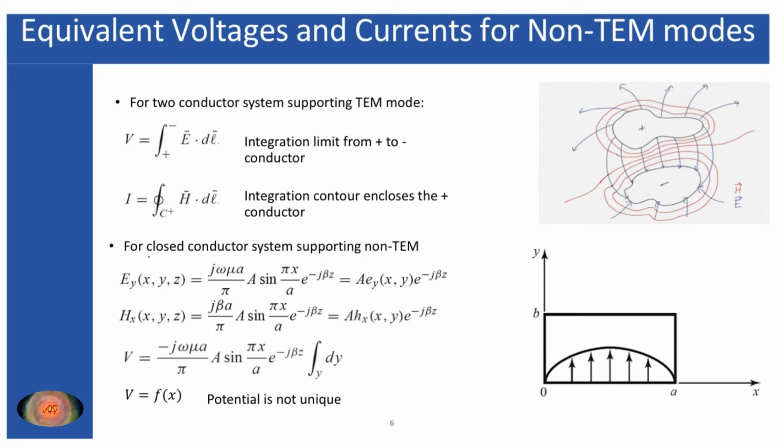So you are finding the potential perpendicular to the direction of the energy flow as you have applied over here. In this case, for the TEM type modes, the voltage and current were defined uniquely, but in this case the voltage is a function of the x dimension.